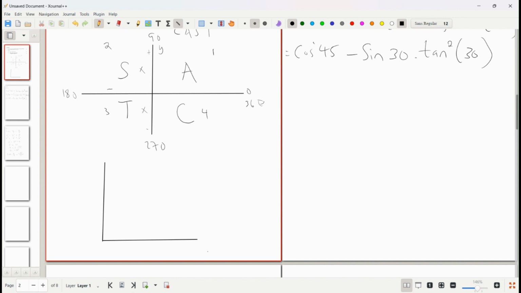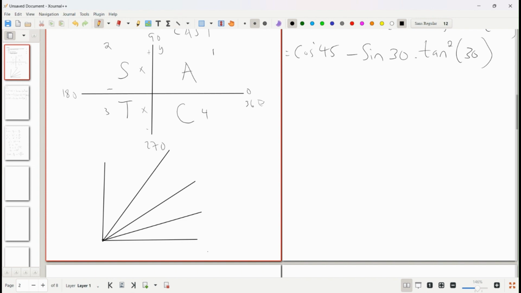And then you draw the lines. This is your 30-degree line. Somewhere here, this is your 45-degree line. This is your 60-degree line, right?